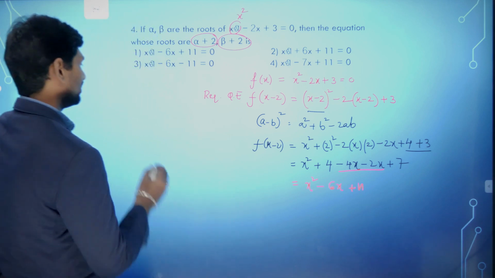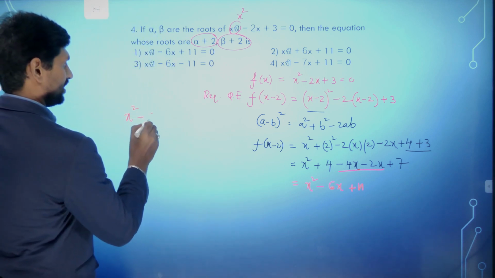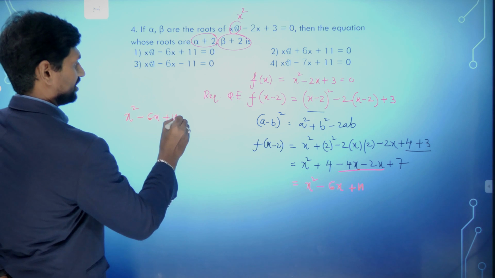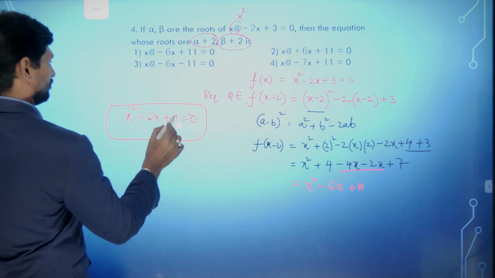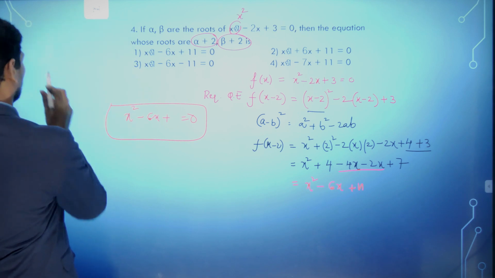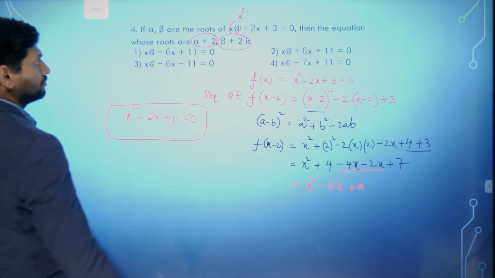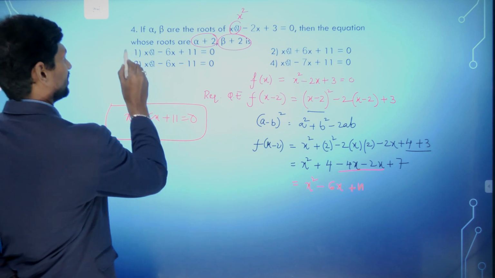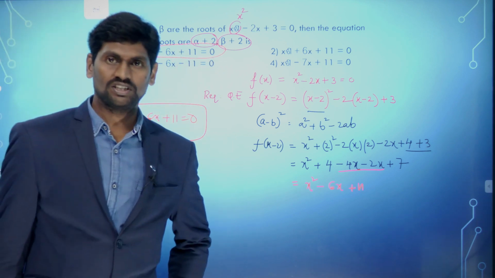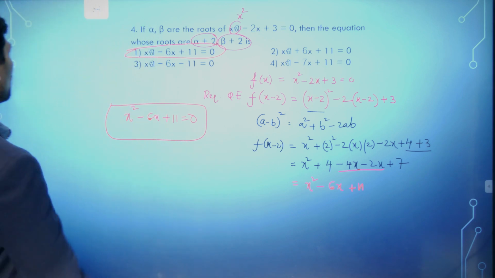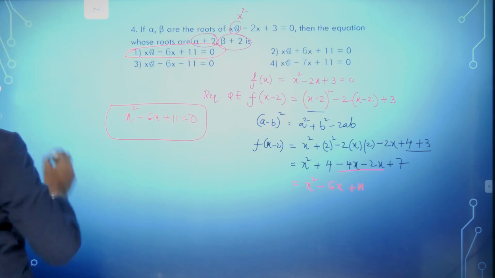Therefore, our required equation is x square minus 6x plus 11 equal to 0. That means equation number 1, x square minus 6x plus 11 equals 0. Okay? Please check.